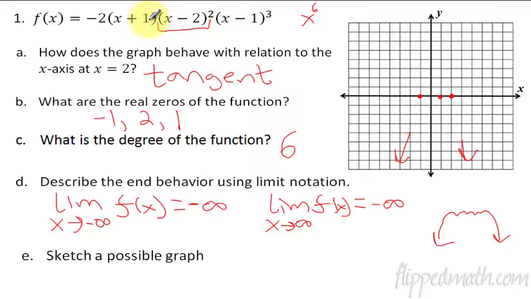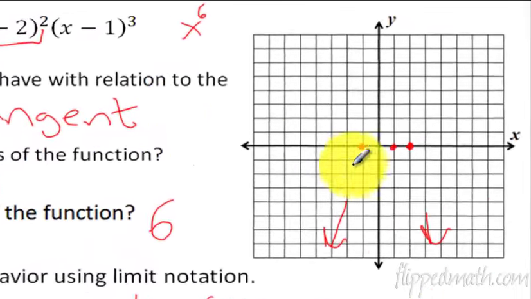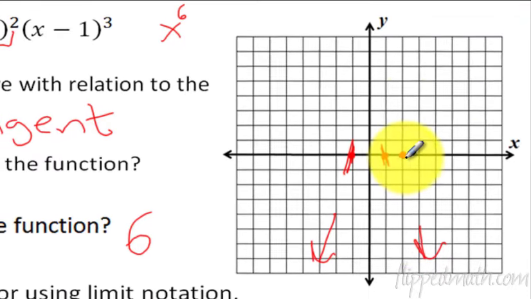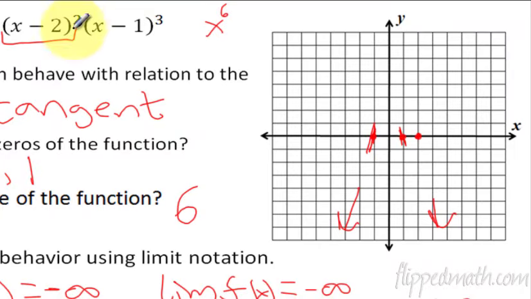The big thing here is that on my first zero, -1, it is going to be crossing. x equals 1, let's do that one next. At x equals 1, that one is crossing as well. So when it goes up, it's got to be coming back down. And then on this one, x equals 2, this one has an even multiplicity, so it is tangent right there.